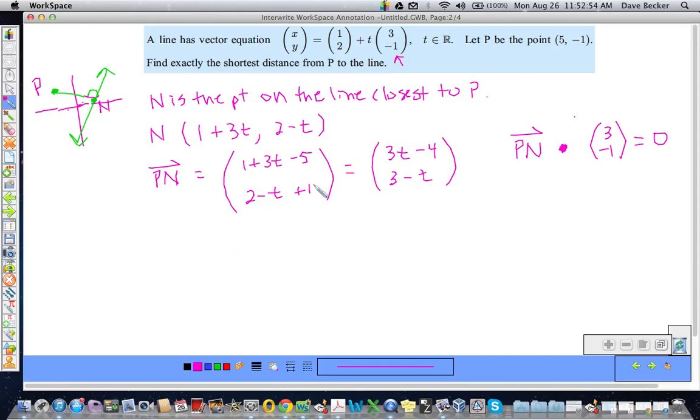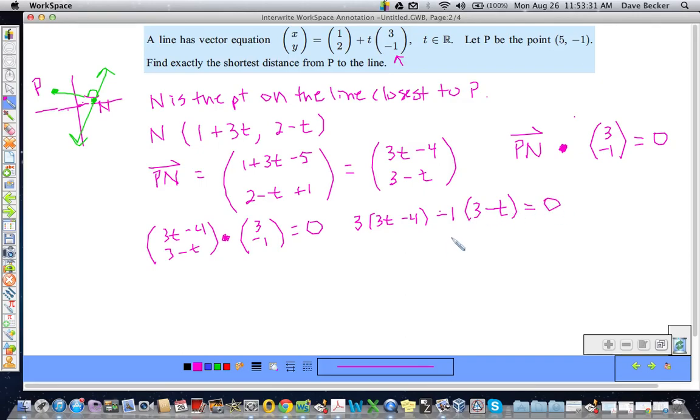So I go over here, and that means (3t - 4, 3 - t) dot (3, -1) must be equal to 0. So we work some things out. 3 times (3t - 4) plus, because of the -1, minus 1 times (3 - t), and that must be equal to 0.